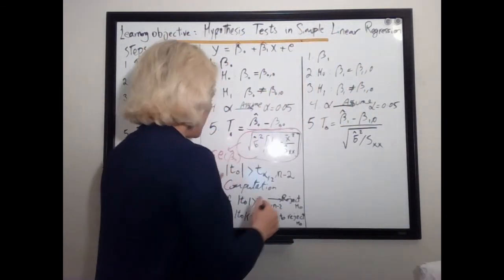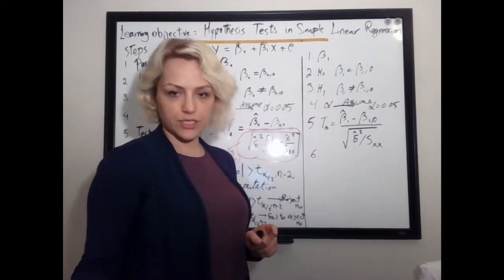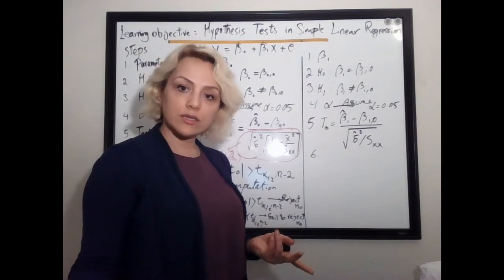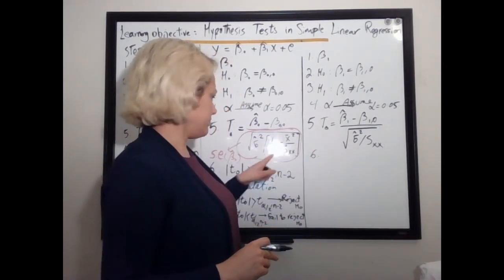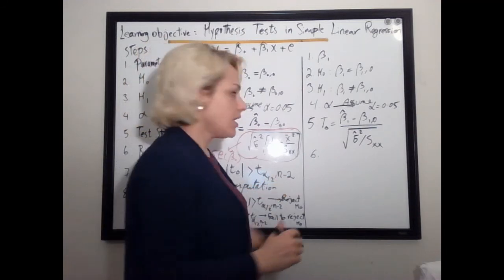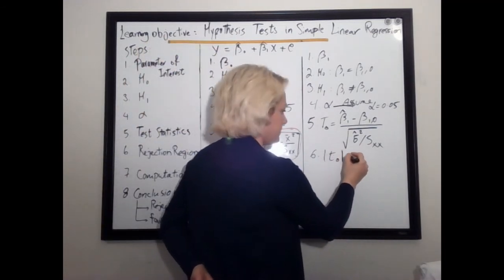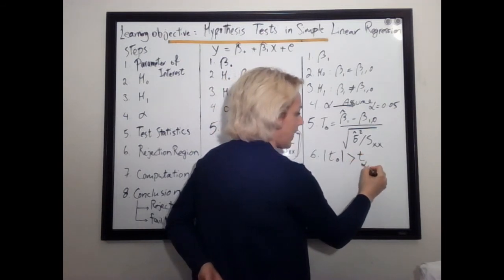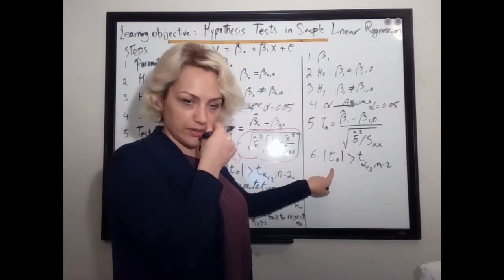And then I'm going to write down my rejection criteria, the rejection region. So for the rejection region, I would say that if my T null is exactly the same as this one, actually, the absolute value of the T null is greater than T half of the alpha and n minus 2, and we read this from the table.